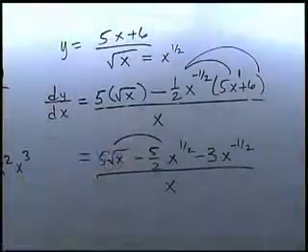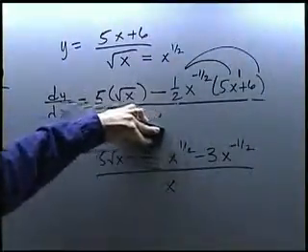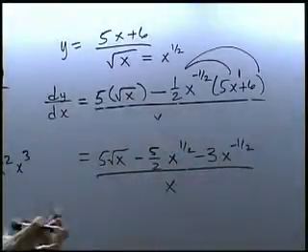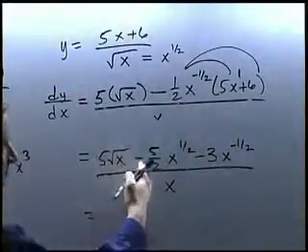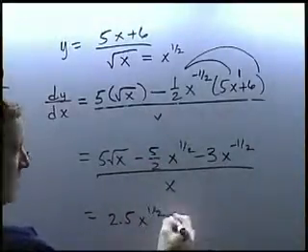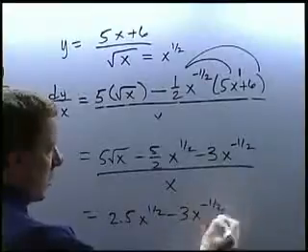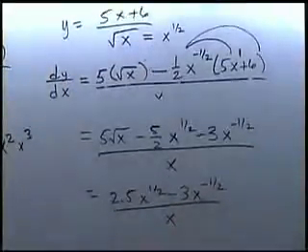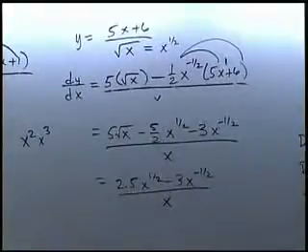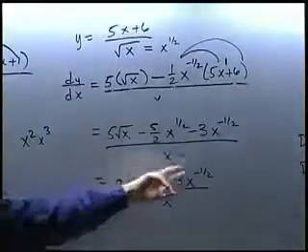Okay, I don't want this to look like distributive property. These two have the same x to the 1/2, so we join them together. 5 minus 5/2 would be 2.5. X to the 1/2 minus 3 x to the minus 1/2, all divided by x. Okay, and this is the derivative of our original function here.